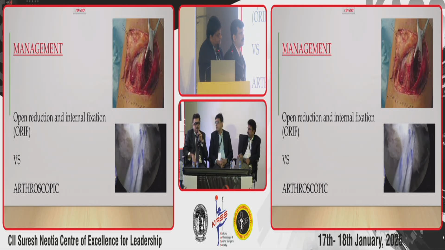See, I'll tell you, with the kind of work pressures and difficulties we face, a 15-minute surgery vis-a-vis a 1.5-hour surgery makes a difference. Yeah. The first one is a 15-minute surgery. It's direct visualization. So 90% of the work I have done on PCL avulsion is open fixation. Yeah. 10% is because of my love for arthroscopy and to hone my skills.